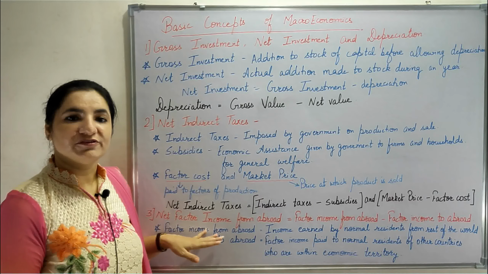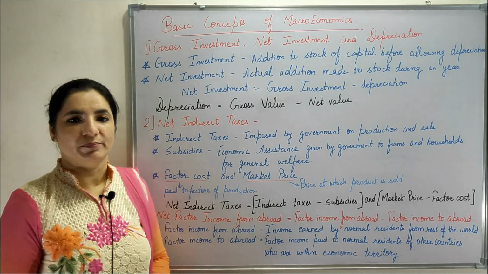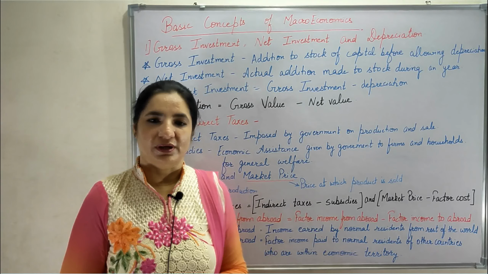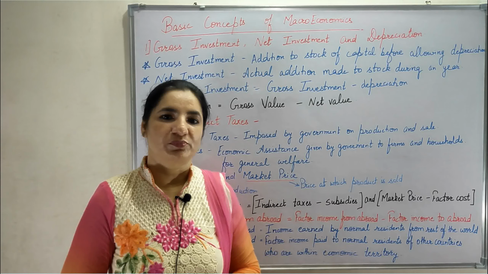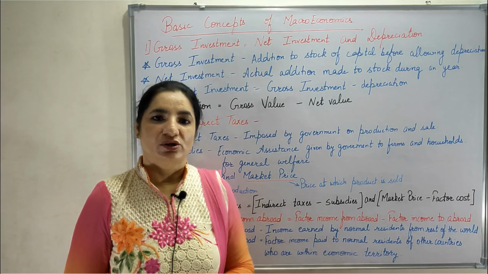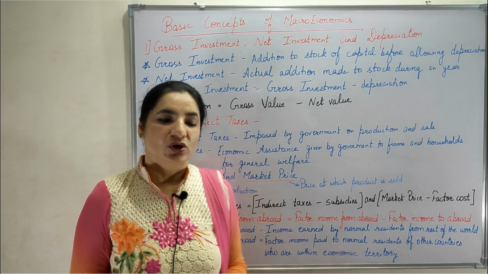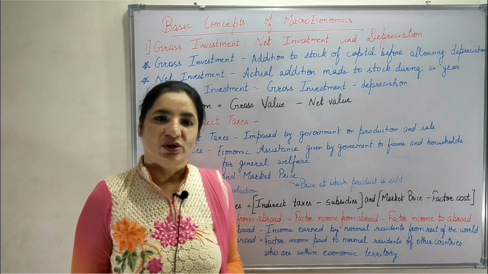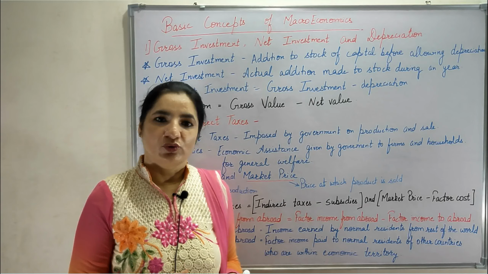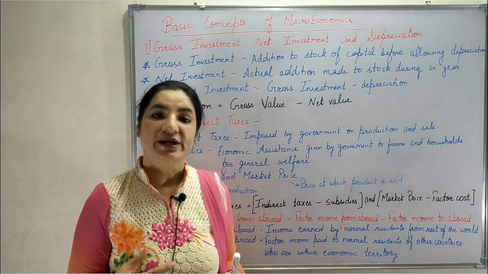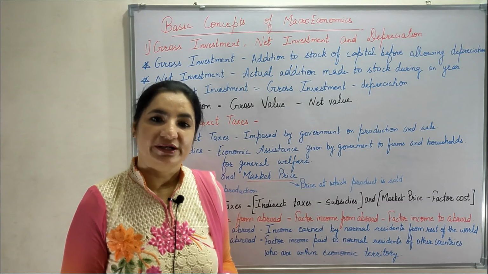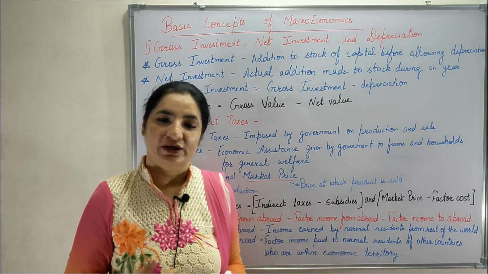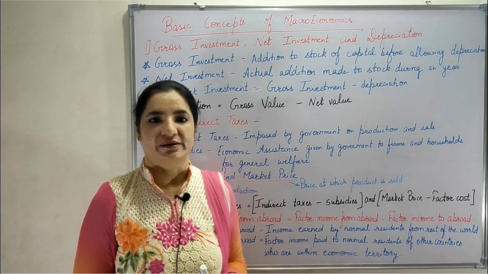Third concept is net factor income from abroad. Now, in my first video related to this chapter, I have explained you the concept of domestic territory. Domestic territory means not only the geographical boundaries, but it also includes a few individuals or activities which are located or established outside the country, but they are owned, controlled and managed by our country.